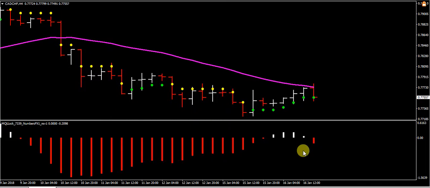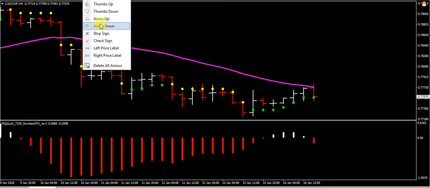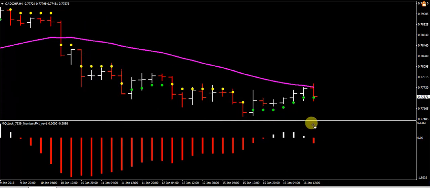If we can coincide that with a yellow dot, then that'd be nice. So we've got our negative volume there. Now that might repaint, as we know, so it might change depending on what happens with the price before the time's up, before the next bar. But we'll keep an eye on that one and see what happens.